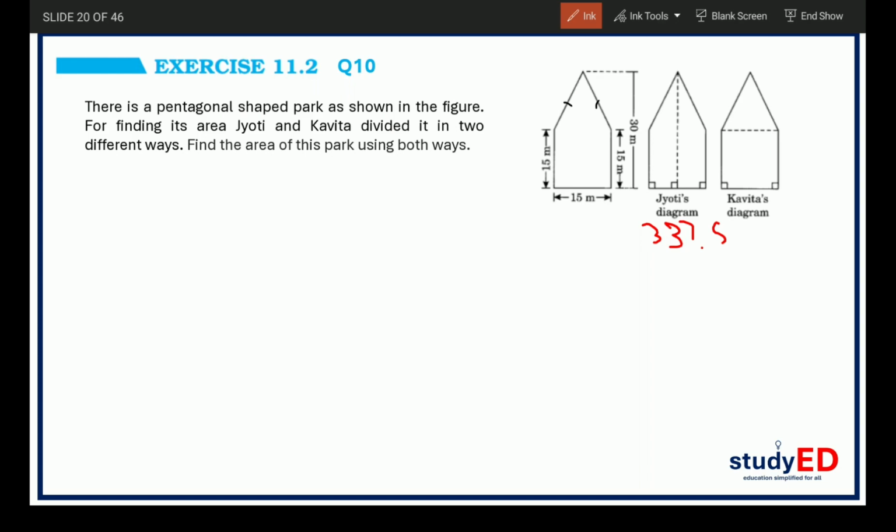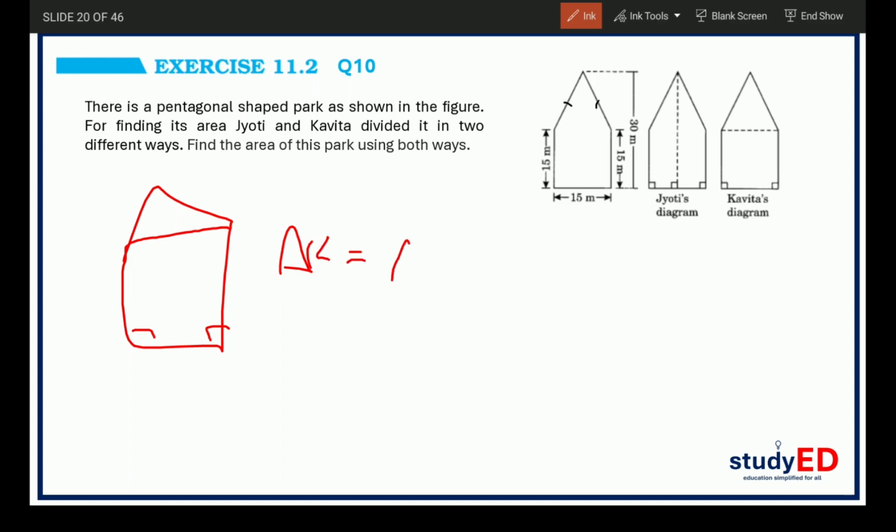Firstly, we can see that Kavita's diagram, contrary to Jyoti's diagram, is divided as a triangle and a square, as shown in this figure. And now what we need to do is just calculate the area of the triangle and the square. So Kavita's total area is going to be area of triangle plus the area of the square.